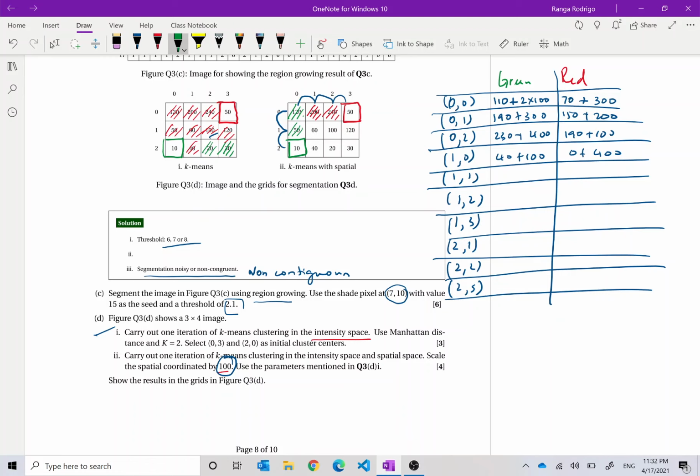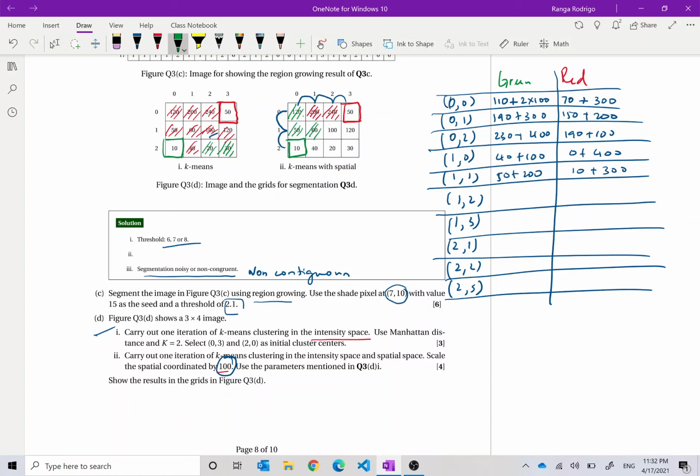The next also becomes a green pixel. 200 plus 10, this is 10 plus 60, 200 plus 50, this is 10 plus 300, that becomes a green pixel.